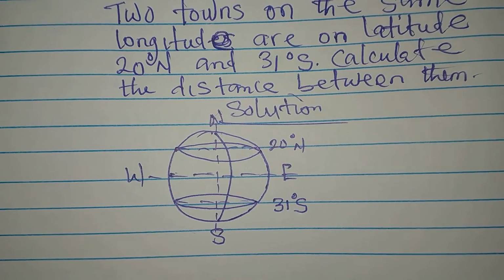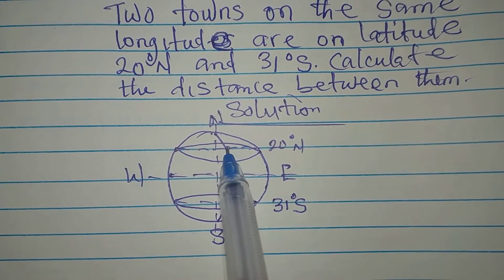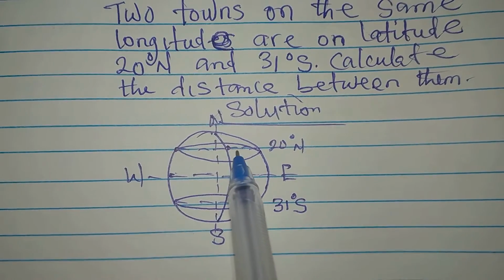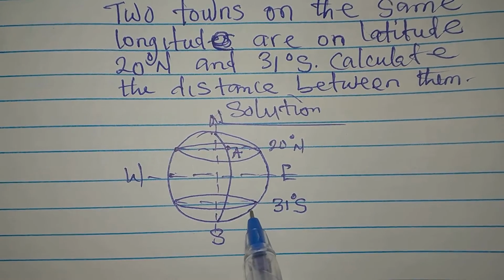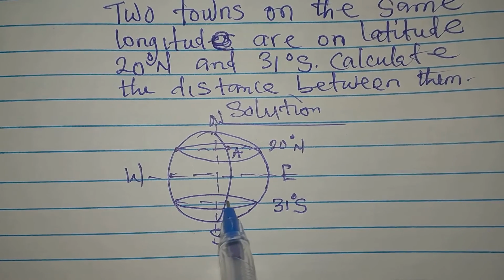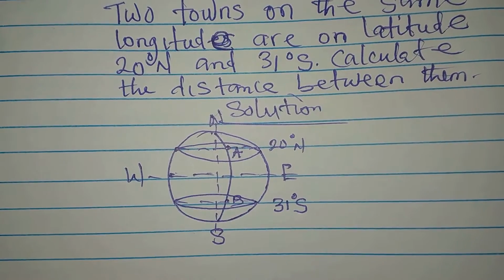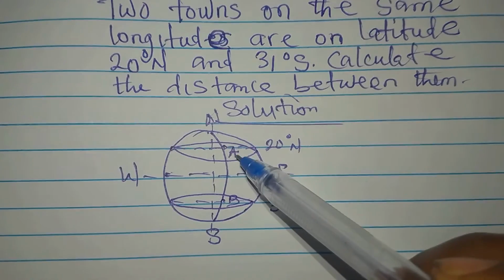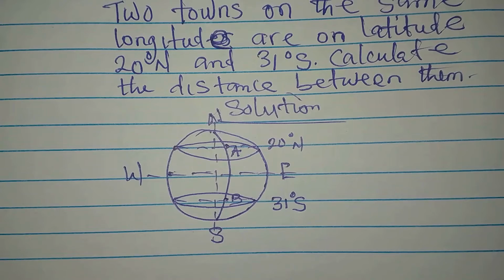Okay, so let's locate the two towns now. This place in here is the first town. Let's call that town A, right? And then this place right here is our second town, and we shall call it town B. So we have to get the distance between this place and this place. What should we do?